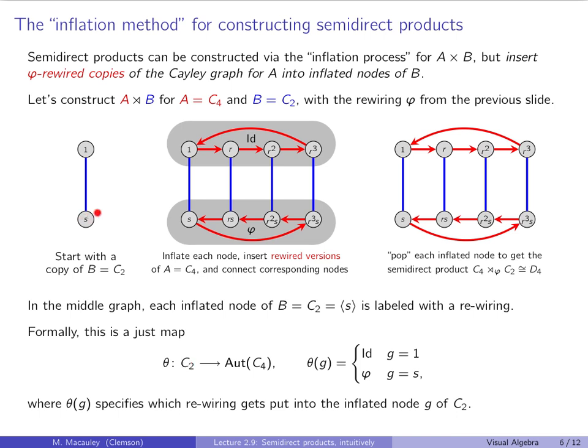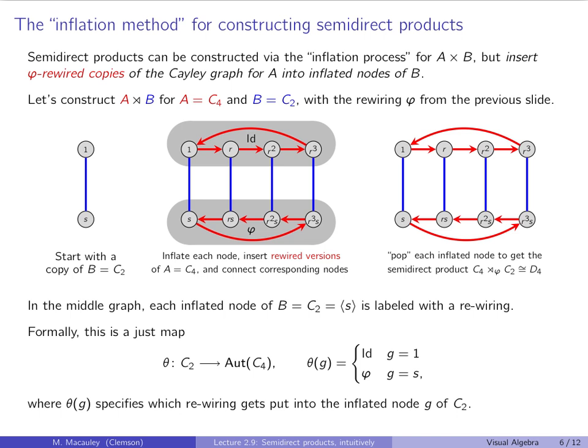So we start with the two nodes of C2, and for each node, we output one of the rewirings. In this case, we put the identity map here and the non-identity rewiring down here. So here's a function that specifies which rewiring gets placed into which inflated node of C2.